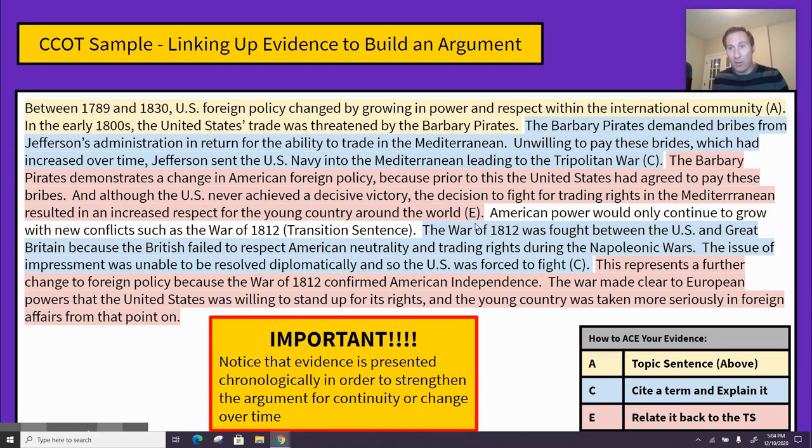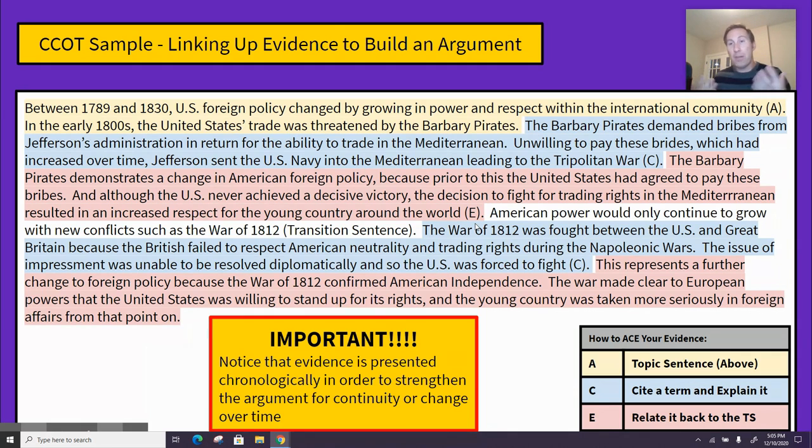I need to explain why the War of 1812 is showing an increased amount of power or respect for the United States in terms of foreign policy. So that's where we see the area in red. This represents a further change to foreign policy because the War of 1812 confirmed upon America its independence. The war made clear to European powers that the United States was willing to stand up for its rights, and the young country was taken more seriously in foreign affairs from that point on.